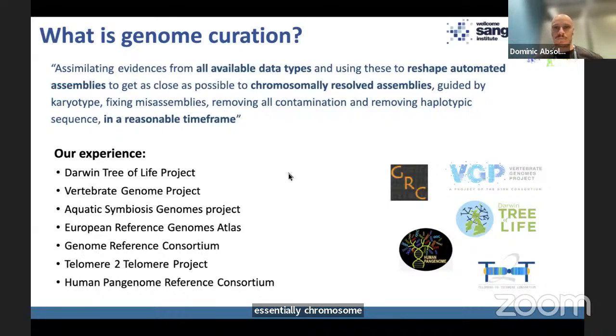We use data types predominantly Hi-C, but we also use karyotyping information. We're also trying to remove any traces of contamination that may not have been picked up in the decontamination process. And we're also removing haplotypic duplication, because generally speaking, when we're producing an assembly, we're producing just a single haplotype.